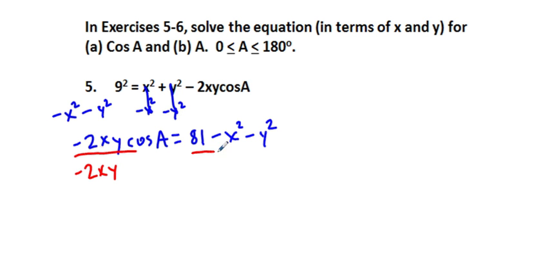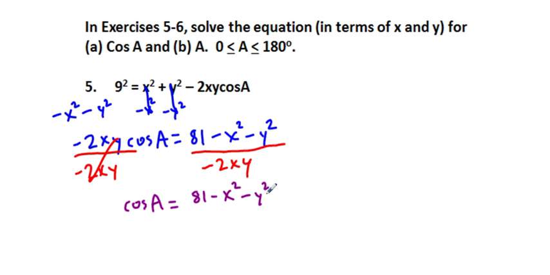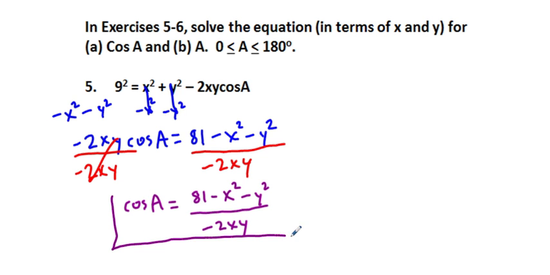We divide the right side likewise by negative 2xy, and negative 2xy over negative 2xy cancels to equal 1. So we're left with the cosine of A is equal to 81 minus x squared minus y squared over negative 2xy. And that is going to be our answer to part A.